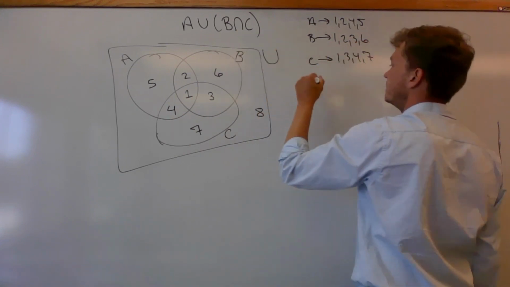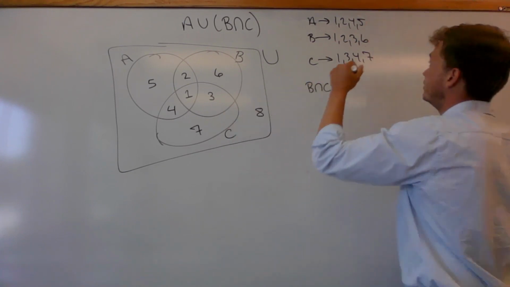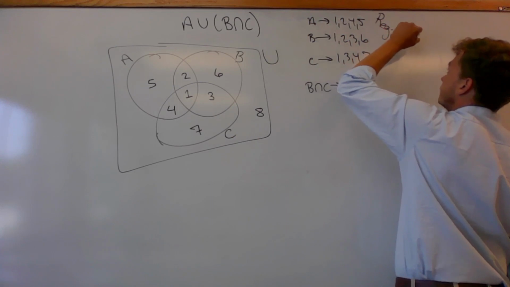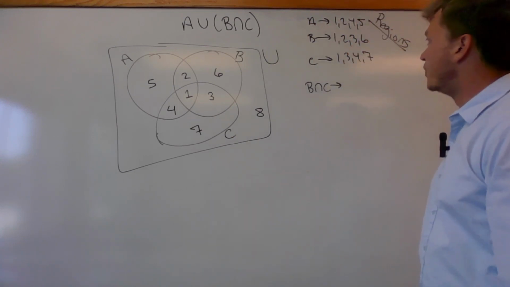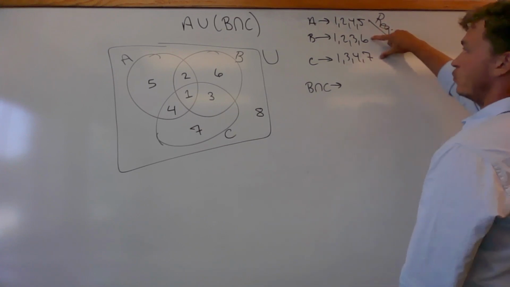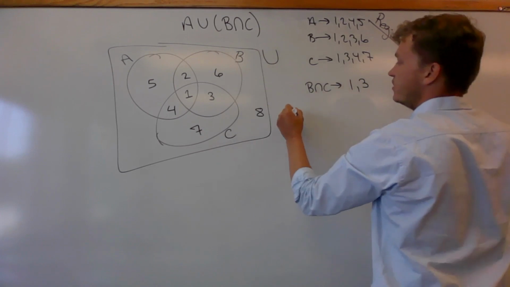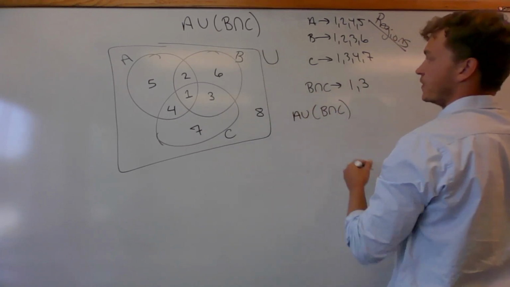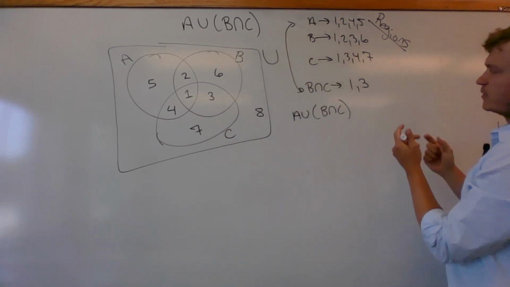To find B intersects C, again, these are regions. I want to note that I'm talking about regions here, those 8 spaces, so to speak. So B intersects C: what are the same for these two? 1, 3. Now I want to find the union, A union B intersects C. When we bring these two together, what does that look like?